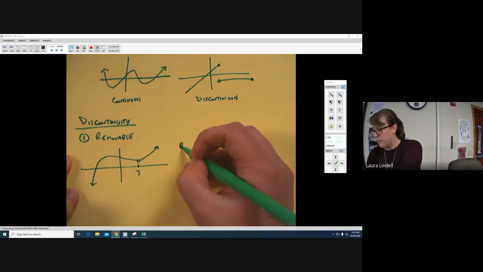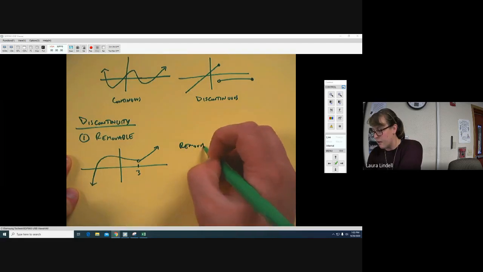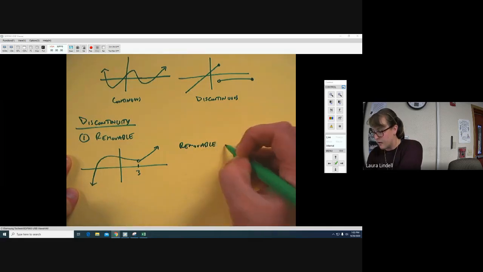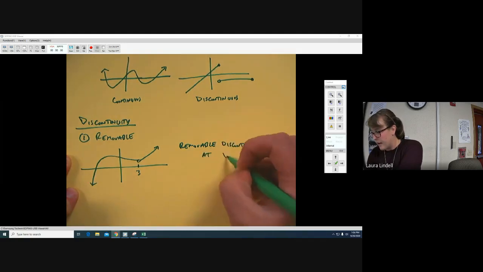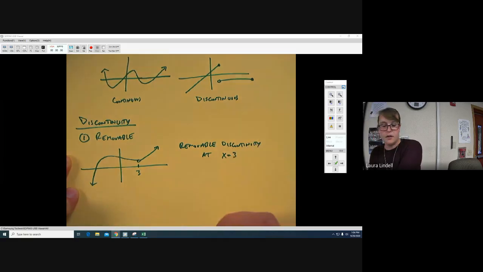This would be considered a removable discontinuity at x equals 3.